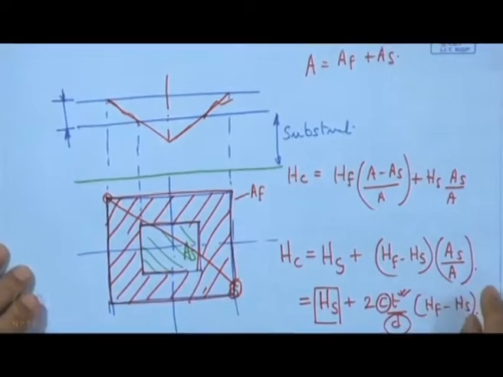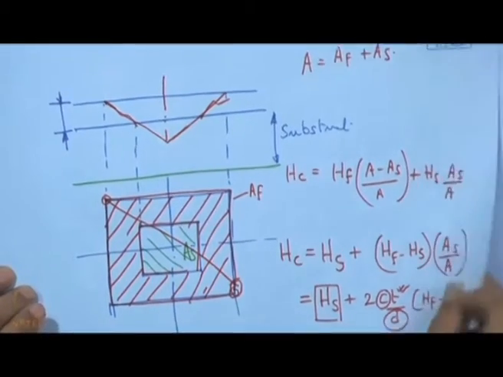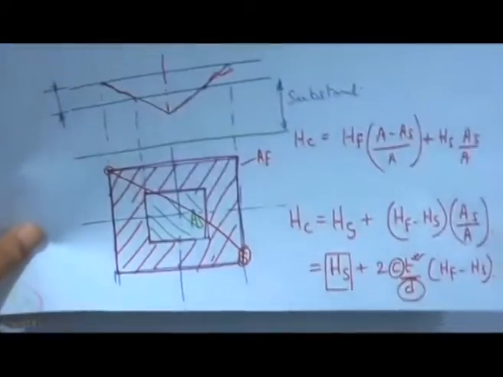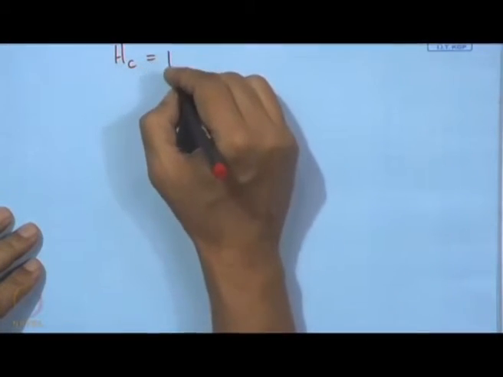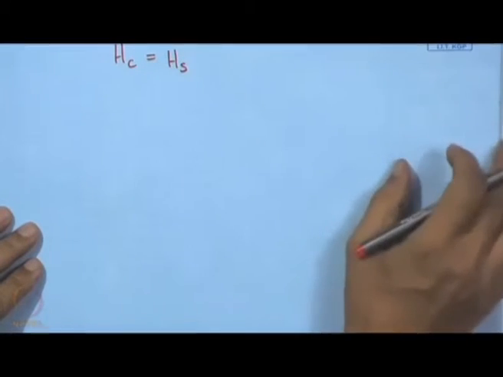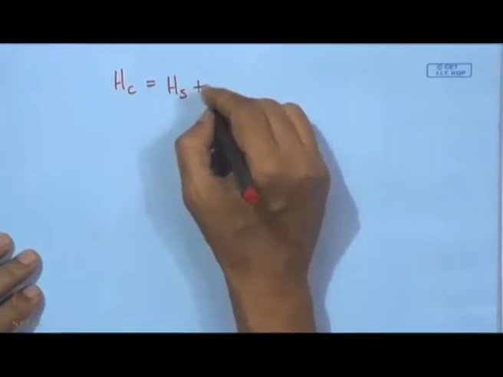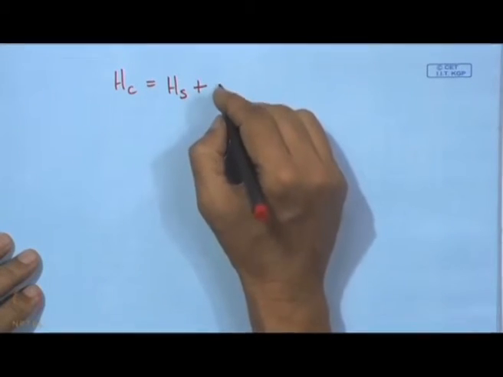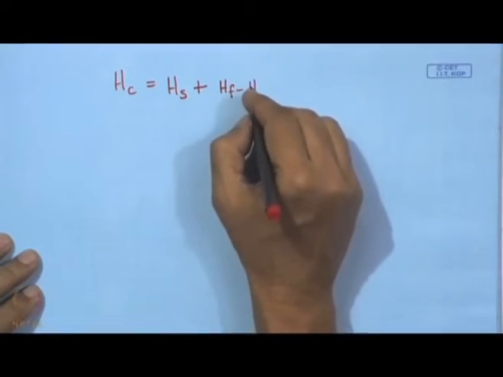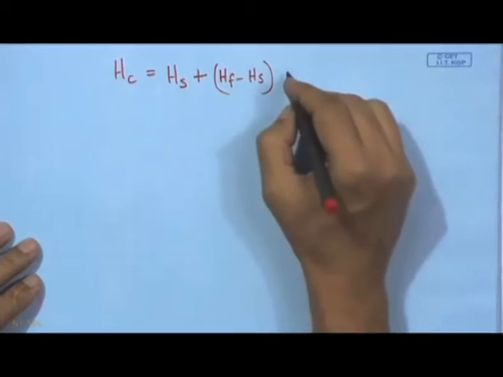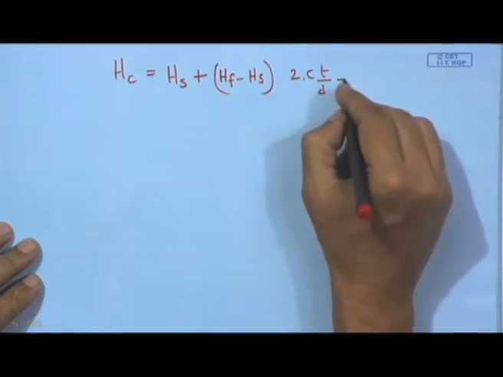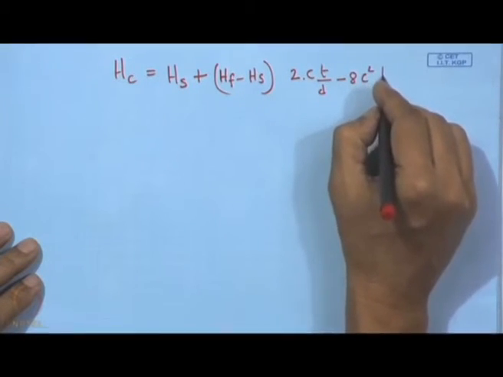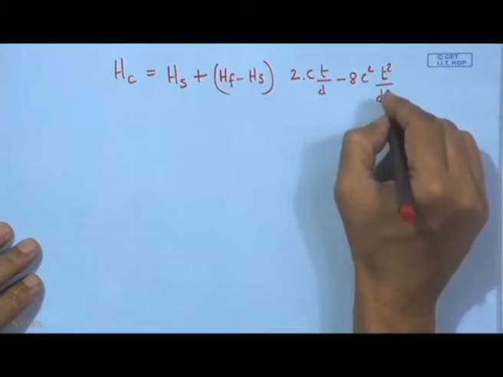So, from this relation, the actual relation comes in this form: composite hardness HC is equal to HS plus HF minus HS into 2 C T by D minus C square into T square by D square.